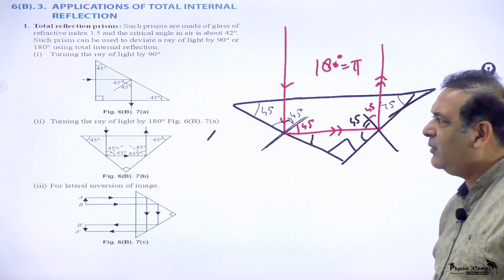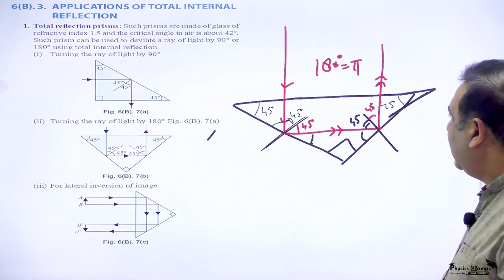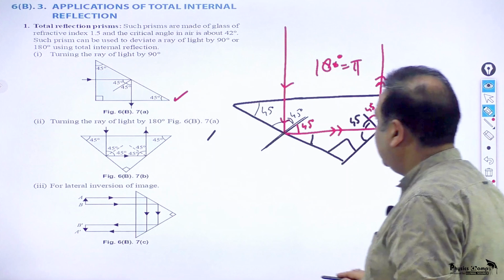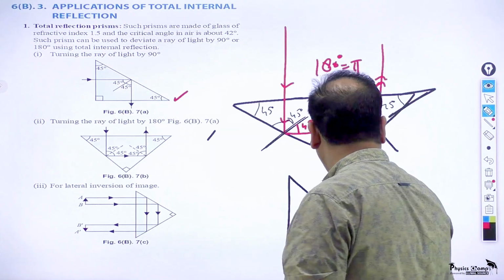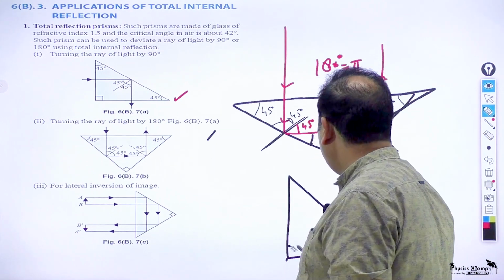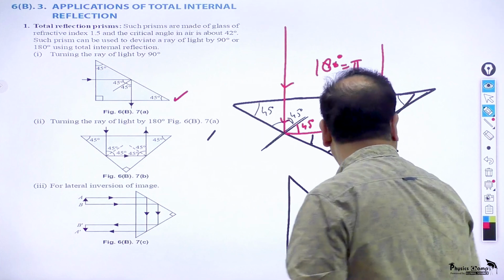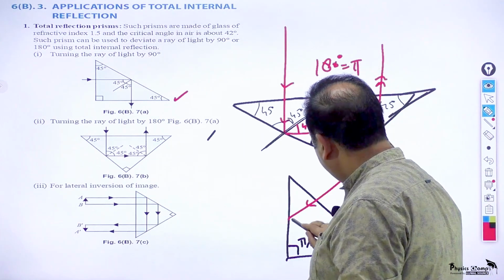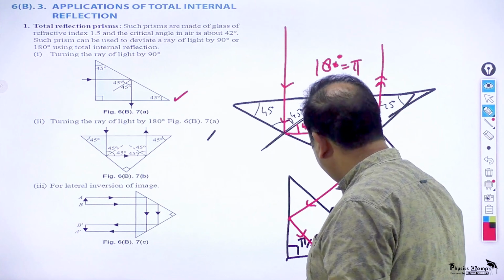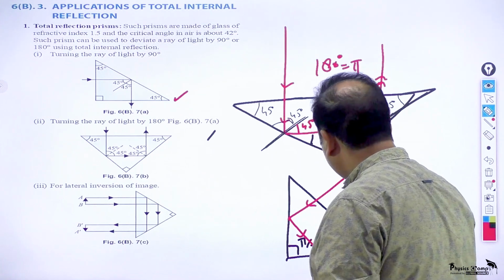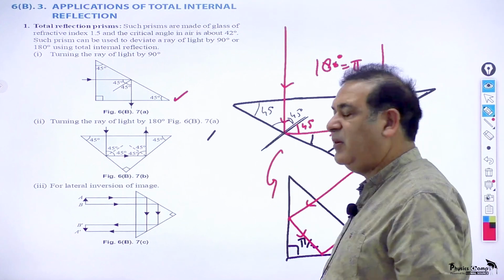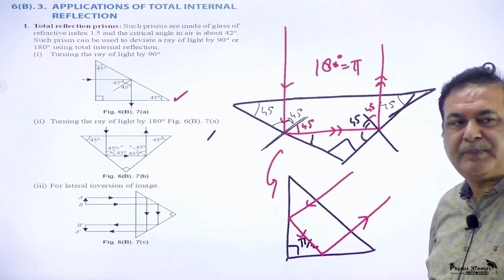There is no loss of light intensity. If I try to compare with this figure, in this arrangement, in fact, the arrangement is so that the light beam was made to enter here. And from here it was reflected and then it is going back. So it is the same situation, just another point of view.